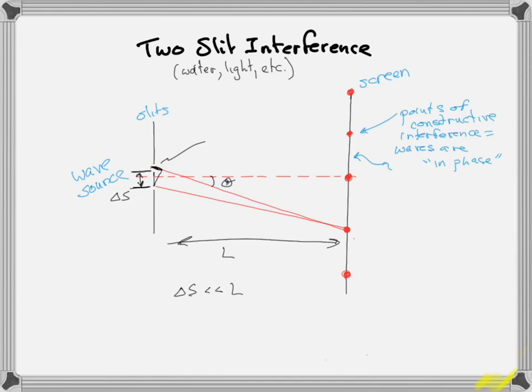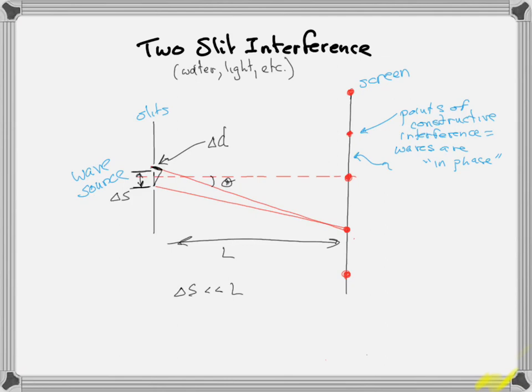That angle theta can be taken to be either one of those sources relative to the principal axis. And I said it, but I didn't write it, that this extra distance is what we call delta D, the extra distance traveled by one over the other.